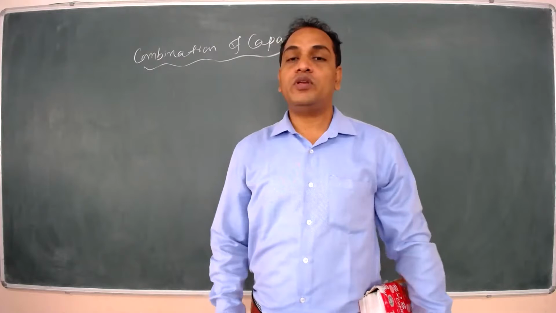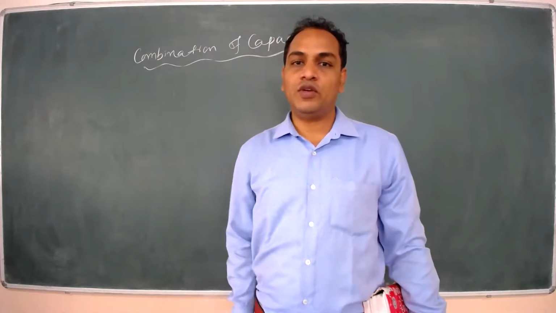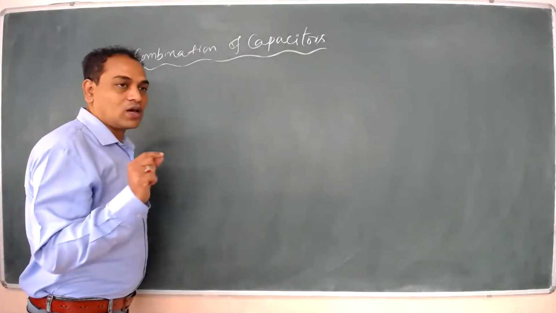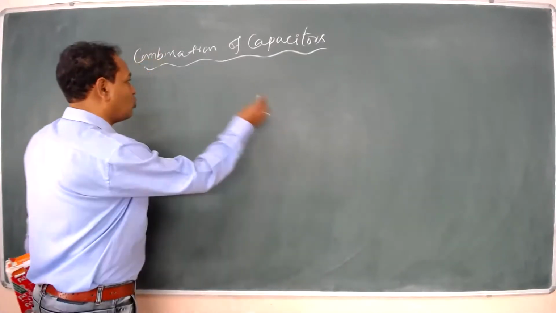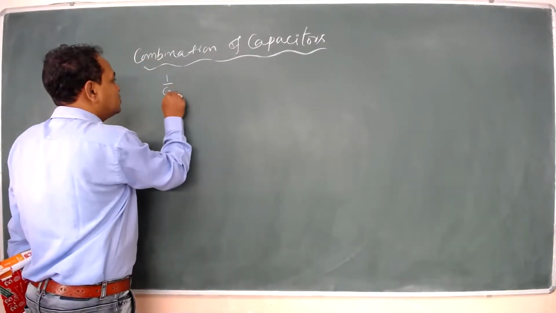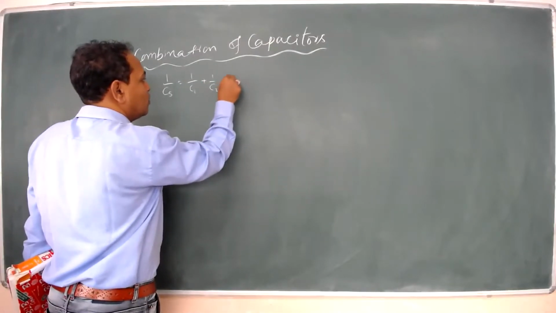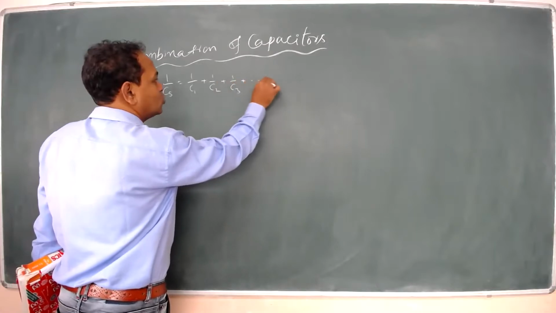In the last class, we discussed the combination of capacitors, in which we saw that if the capacitors are connected in series, then the formula will be 1 by Cs is equal to 1 by C1 plus 1 by C2 plus 1 by C3 and so on.